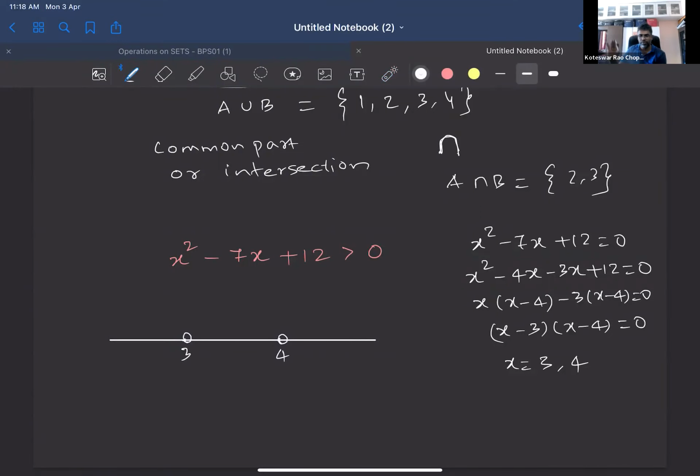Then you will realize that if you take anything greater than 4, you make the left hand side positive, greater than 0. After that, alternately, each interval, the one between 3 and 4, will be negative, and again if you come to the left, it will be positive.